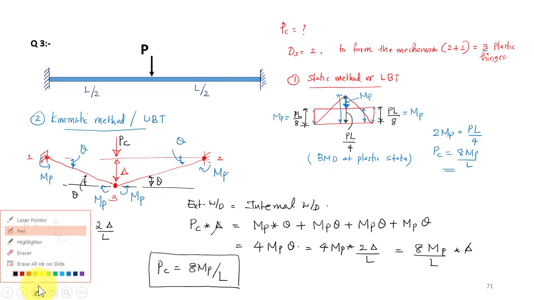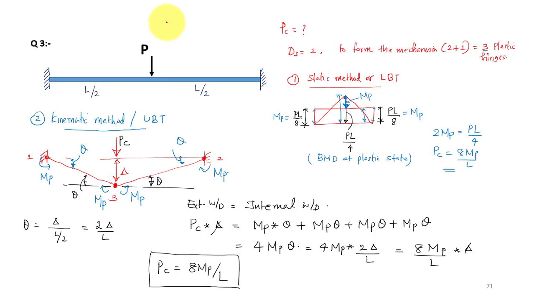So now we can compare your result with the concentrated load for a simply supported beam. So I have a simply supported beam, and we have the concentrated load at the center. In this case, my collapse load PC is equal to 4 times MP by L. So you can see that when you change your support condition from simply supported to fixed support, the collapse load has become 2 times, it has doubled.